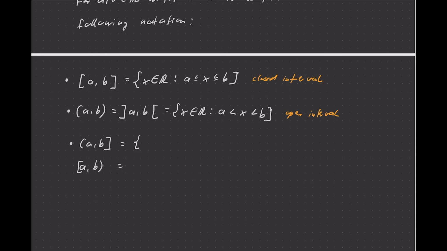And those are half open intervals. And of course, those are exactly what you would expect. In the first case, A is not included, so there's a strict less than here, but B is included. In the second case, A is included, but B is not. Okay, so those are half open intervals.